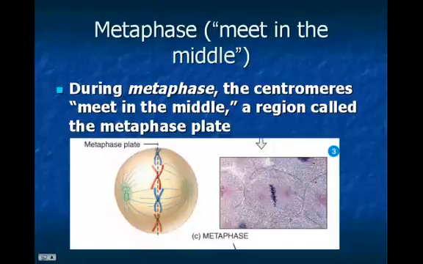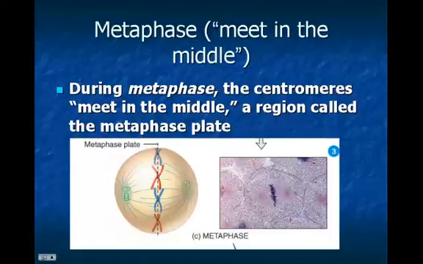Here's chromosome 1 from dad, and here's our duplicate copy, chromosome 1 from dad, our sister chromatids. You can see in this picture that during metaphase, our chromosomes are lining up in a way that makes it very easy for our sister chromatids to be split in the next phase. You're also going to see the formation of what we call the spindle apparatus.